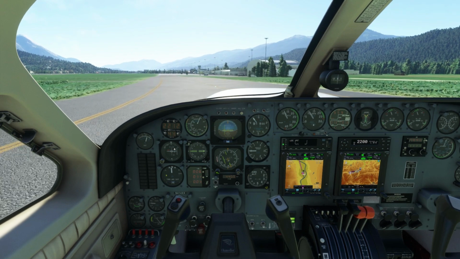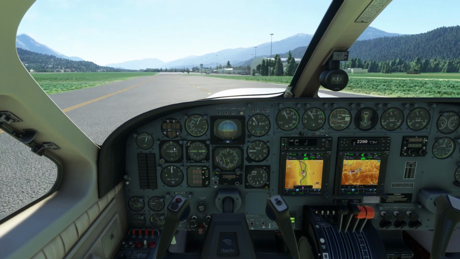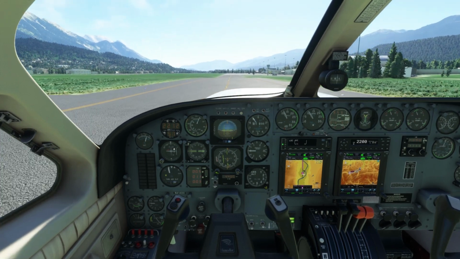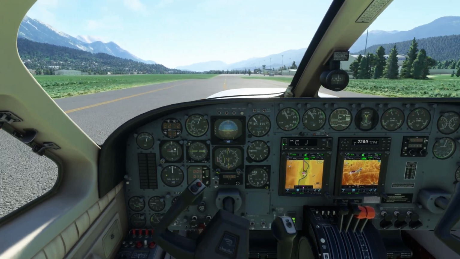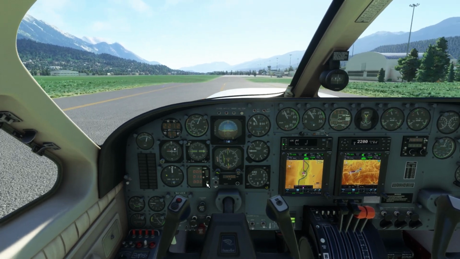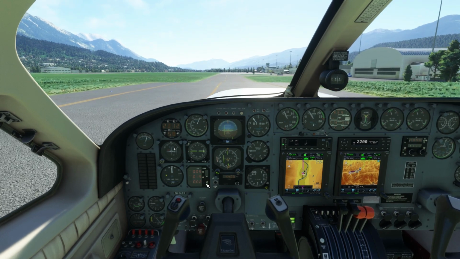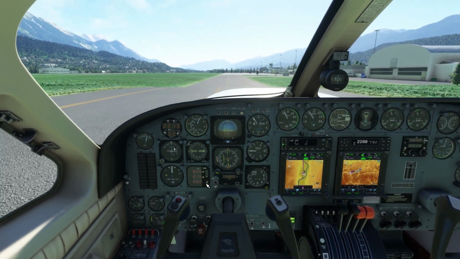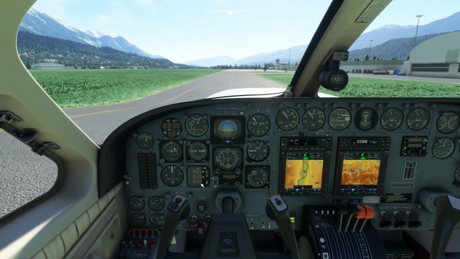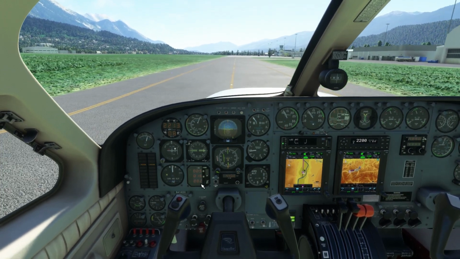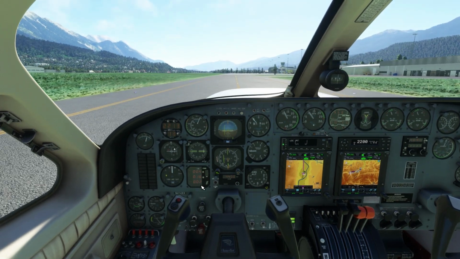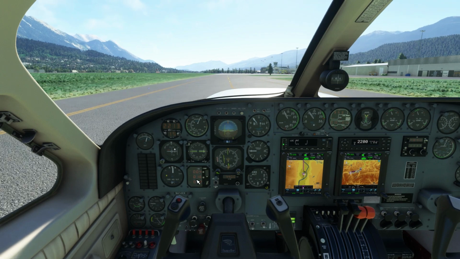Because when you're flying with this keyboard, you may press the wrong button at the wrong time, and you will just shoot off up in the air. And yeah, you won't land, you will have to go around.